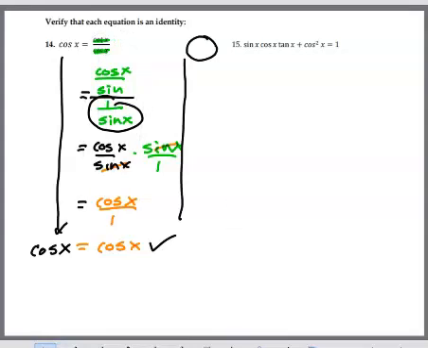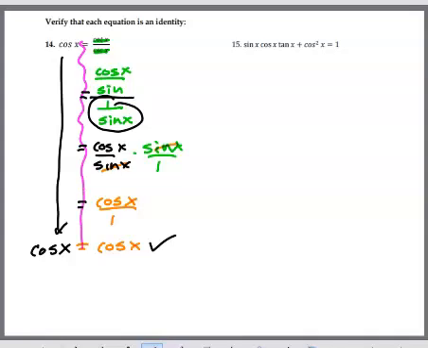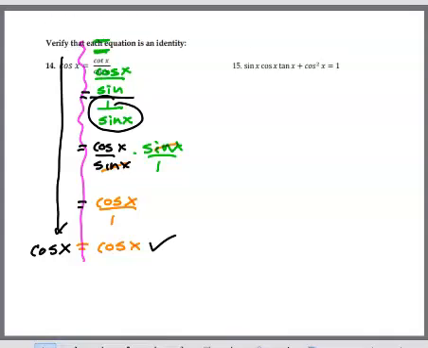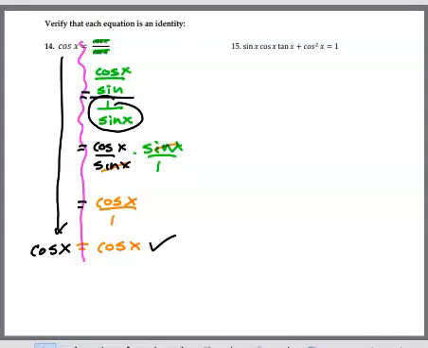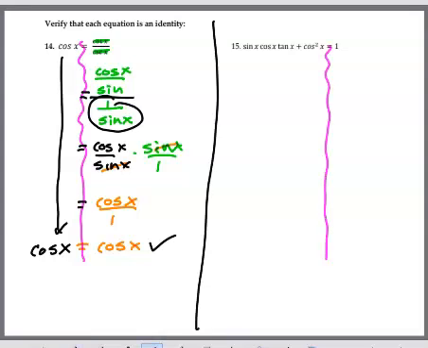Okay, yeah, I just had that just so we could see. Maybe it'd be easier if I did it like this, just so we can see left and right side. Okay, one more. Again, I'm going to do the more complicated side, and it's pretty obvious the more complicated side is the left. So I'm going to just work on the left side.